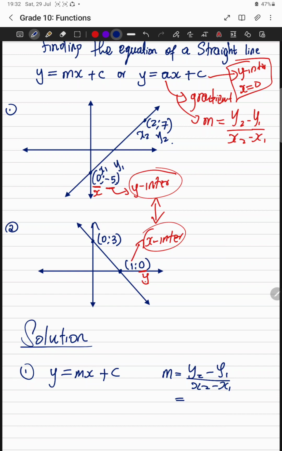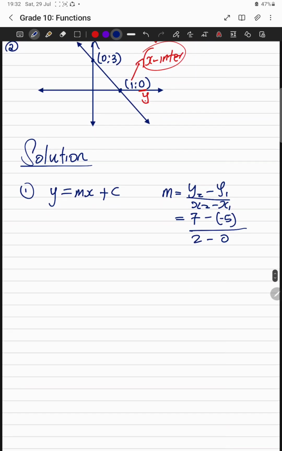So we said y2 is 7 minus y1 is -5. So we just put brackets, and then we continue and say 2 minus 0. So that means now it's going to be 7 plus 5 on top, and then 2 minus 0, just 2.